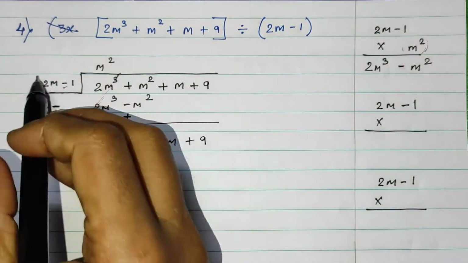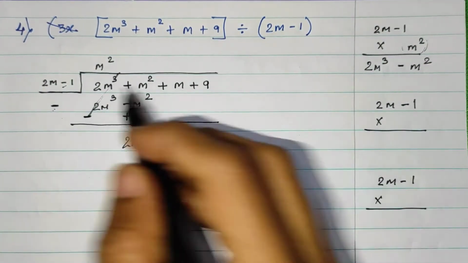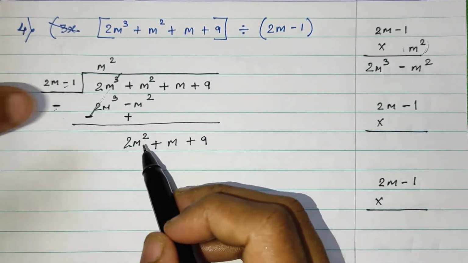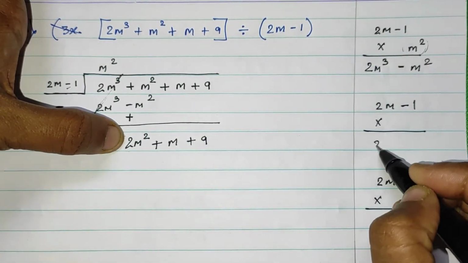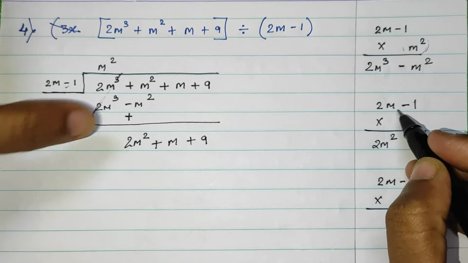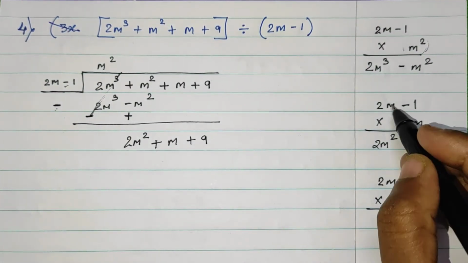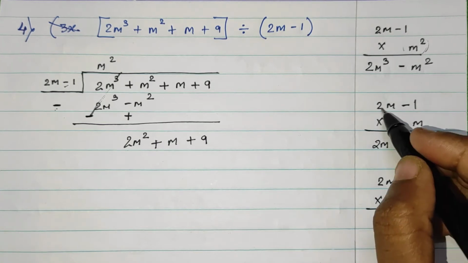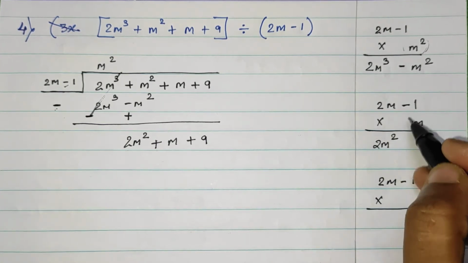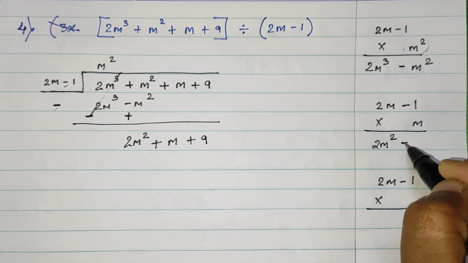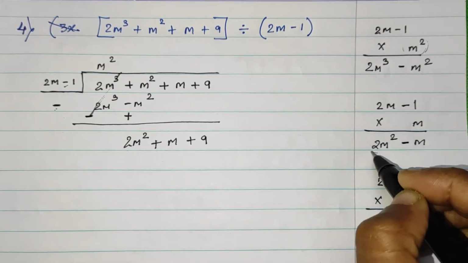Now, again take your divisor and now you need 2m square. So, you have 2m, only m is left. So, m into m square, 2 1s are 2, plus into minus, minus, m.